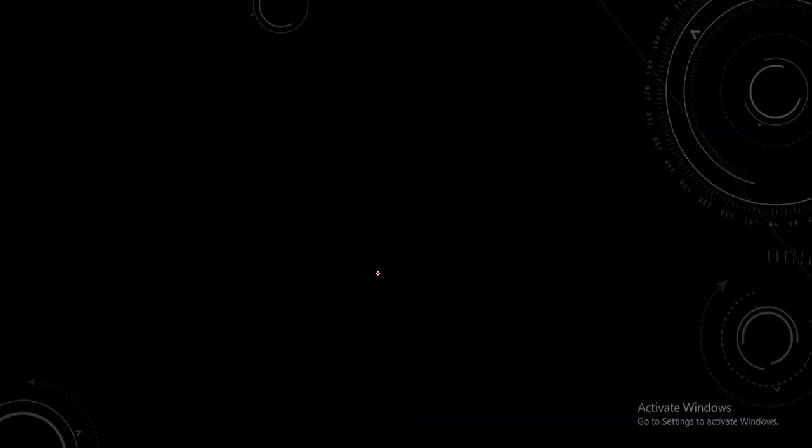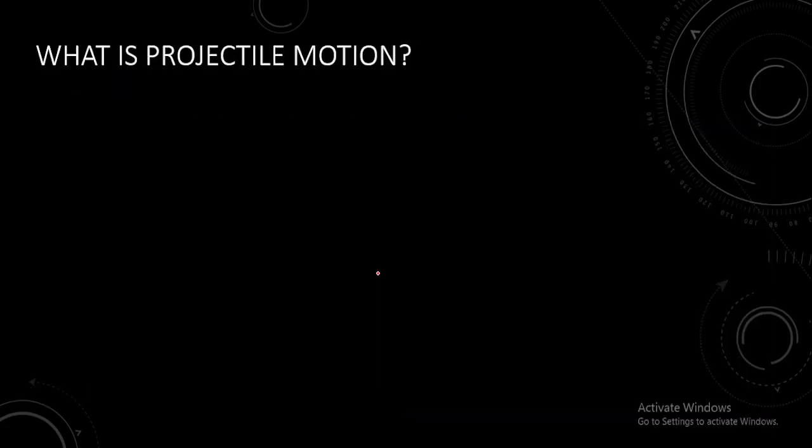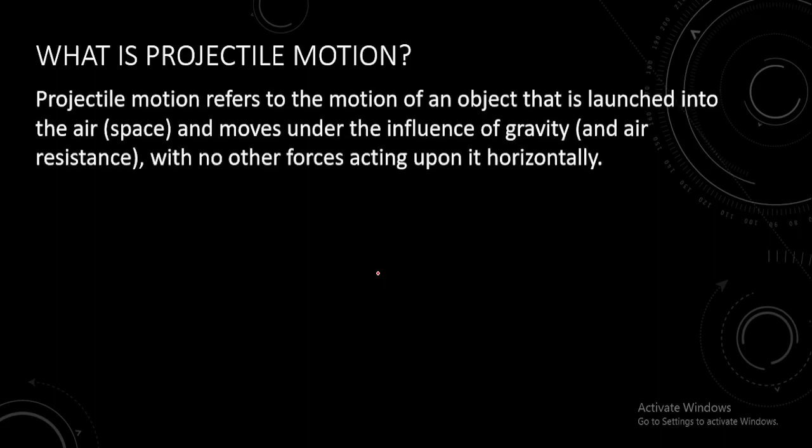Alright, so from that, let's try to define and answer the question, what is projectile motion? Projectile motion refers to a kind of motion of an object that is launched into air or space and moves under the influence of gravity and air resistance. There are places in the universe that don't have air resistance, for example the moon.